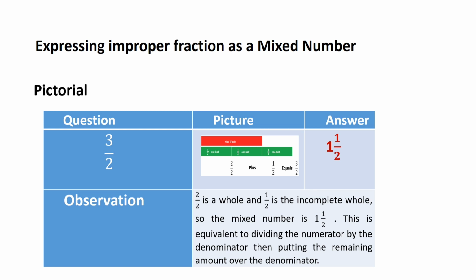The pattern therefore would help them develop the algorithm for changing an improper fraction to a mixed number. In this case, you simply divide the numerator by the denominator and put the remainder over the original denominator.